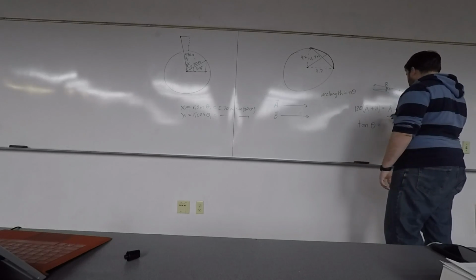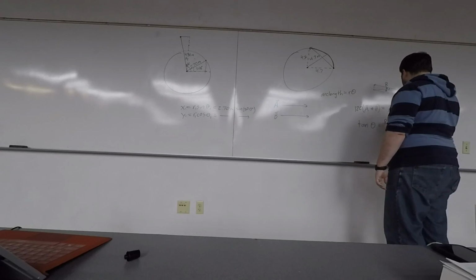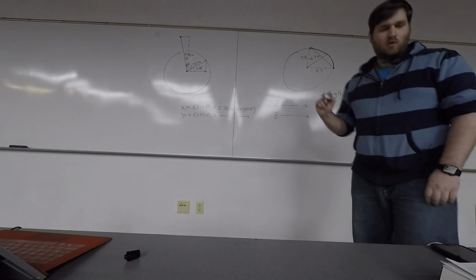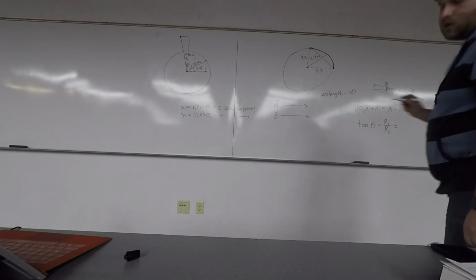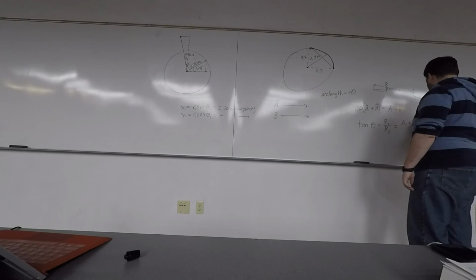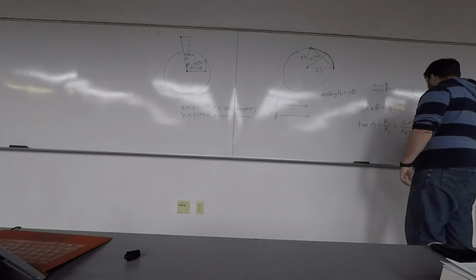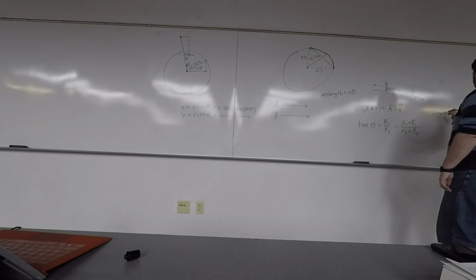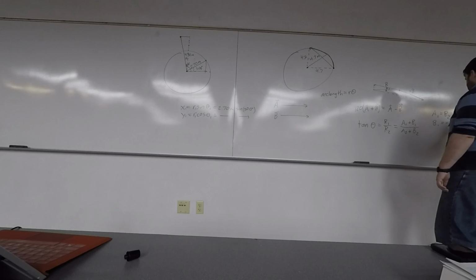equals Ry over Rx, equals A1 plus B1 over A2 plus B2. Now in this instance, A1 equals B2, B1 equals negative B2.